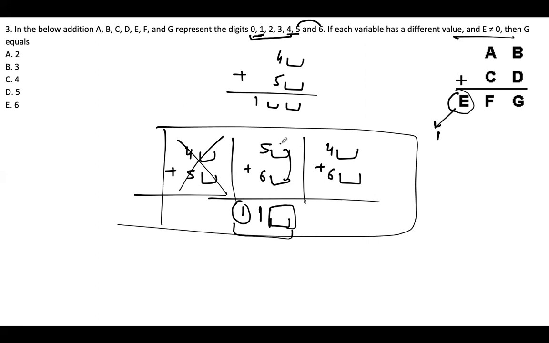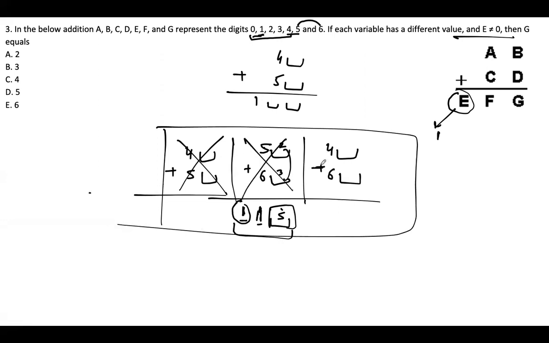Let's say 52 and you take 63. I'm just giving you an example. Again, the digits will repeat. Let's say 2 plus 3 is 5, 5 plus 6 is 11, 1, 1. Can we use 2 ones? Can we use 2 5s? No. So this is again rejected.